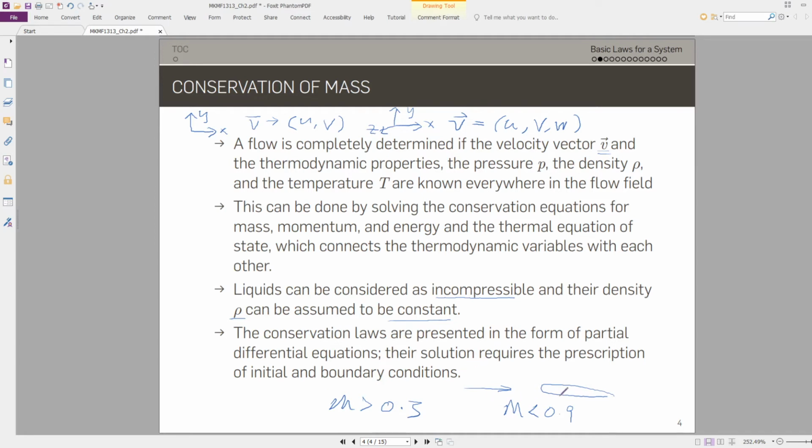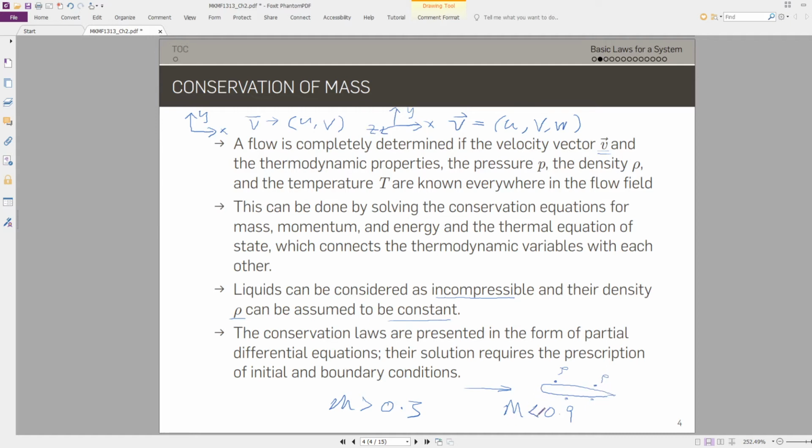So when an aircraft is flying at Mach numbers below 0.3, if we measure the density around the aircraft wing, we will find that the density may have a very little change from one point to another, but the difference is not very significant.